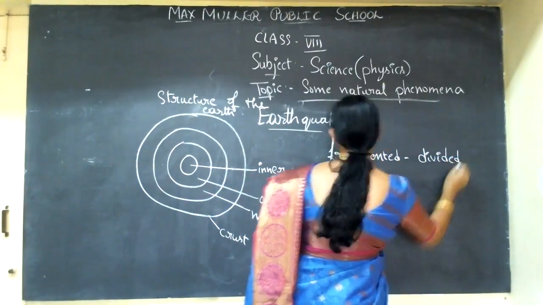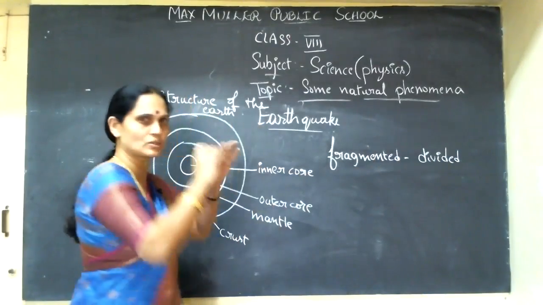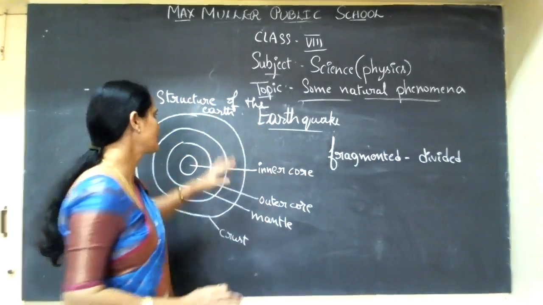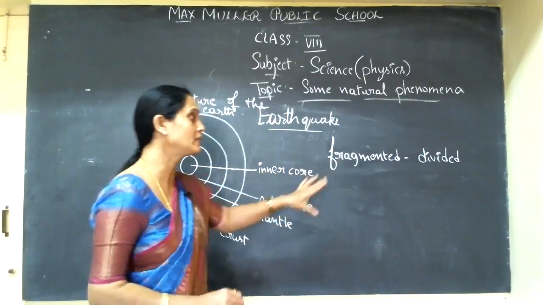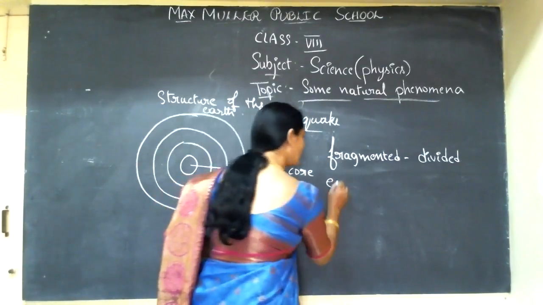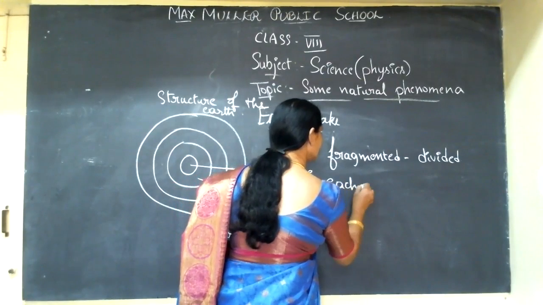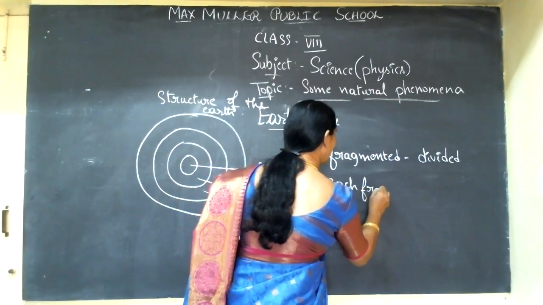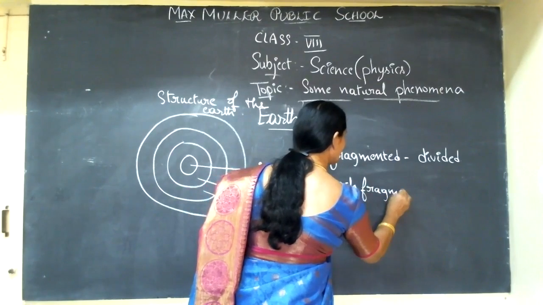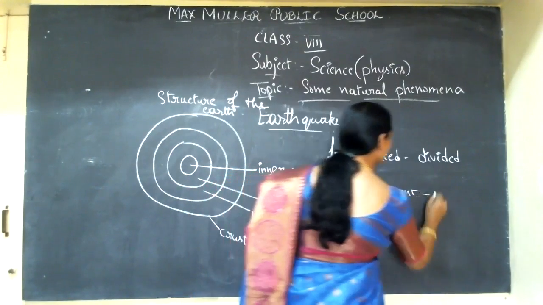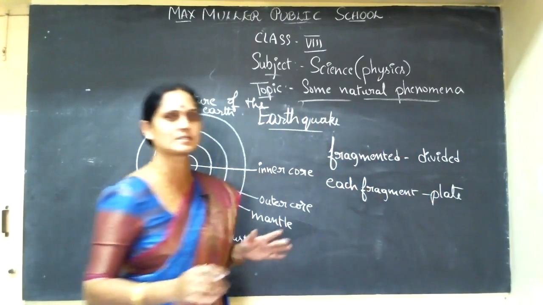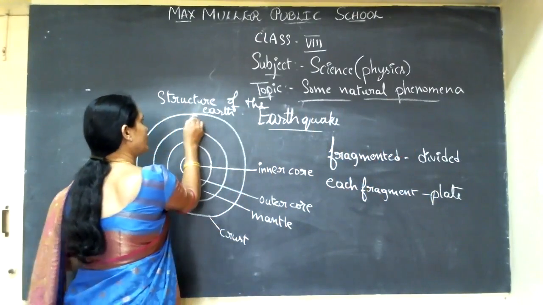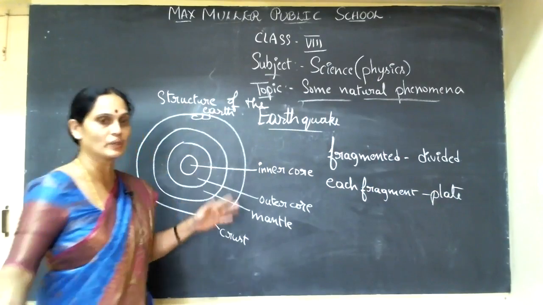Are you getting it? It's not one layer, it is divided. Each fragment is called a plate. So it is divided into many plates, very huge plates.